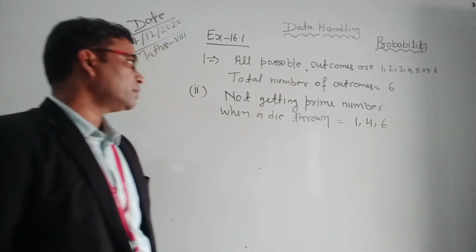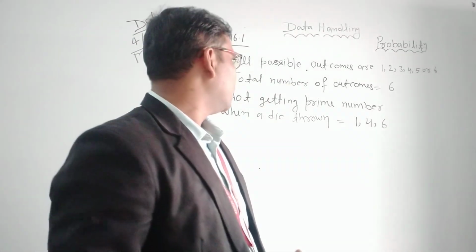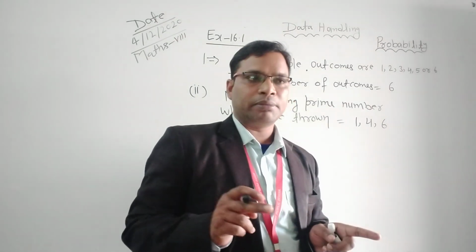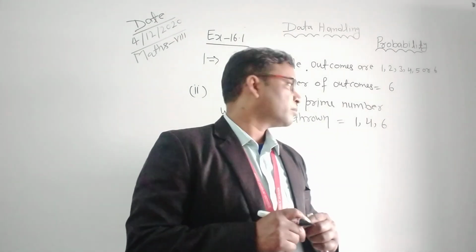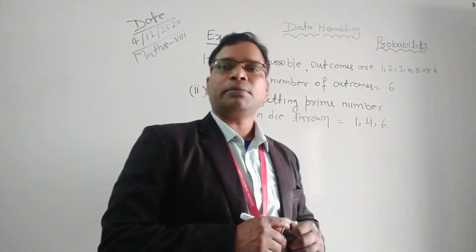When a die is thrown, not getting a prime number is 1, 4, 6. These numbers are not prime numbers. Or you can say 4 and 6 are composite numbers, and 1 is neither a composite number nor a prime number.